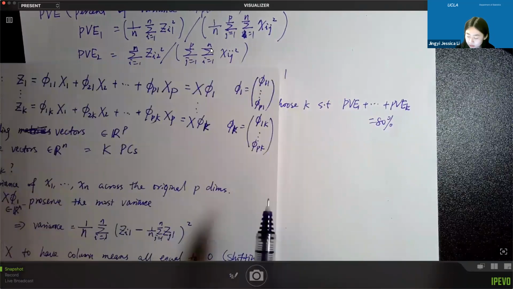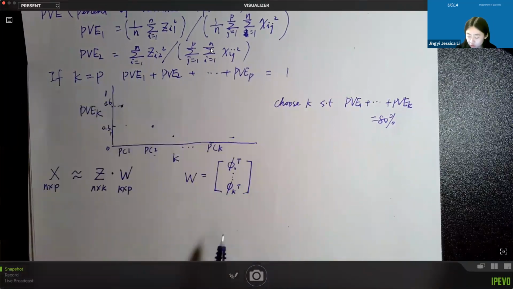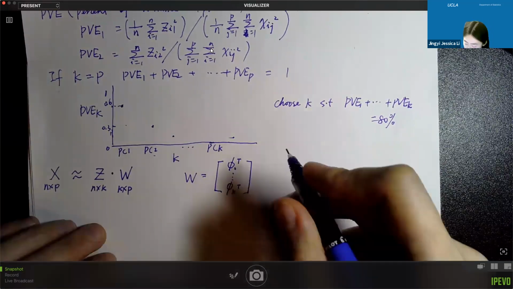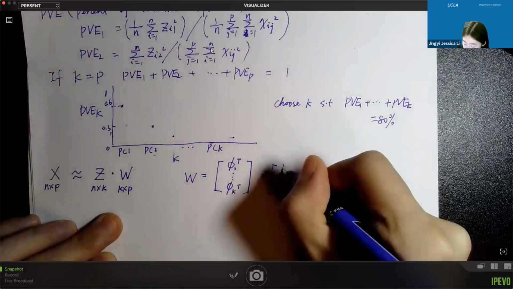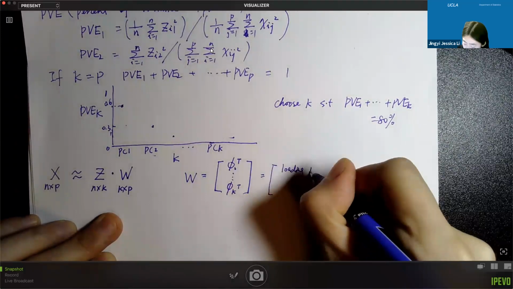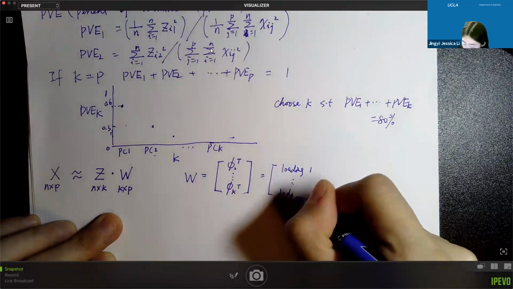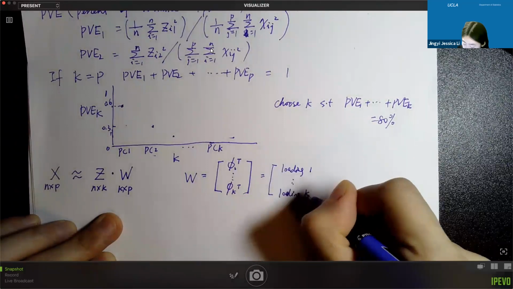I'm putting them horizontally to get this W matrix. In other words, each row is a loading vector: loading 1 to loading K.